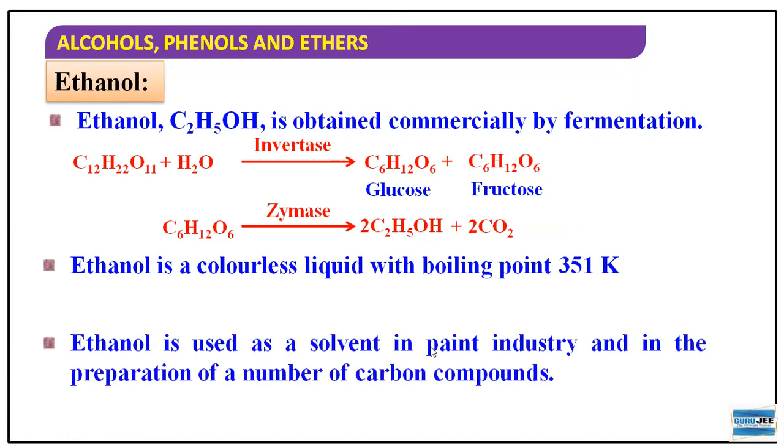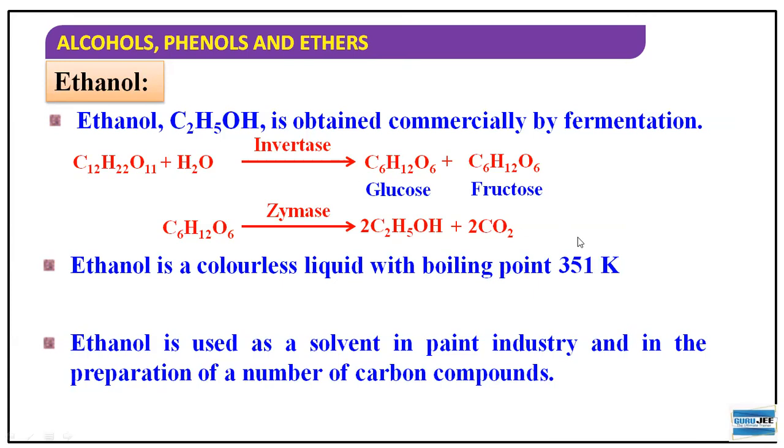See, both glucose and fructose undergo this reaction, that is my best guess. The structure of glucose and fructose is different, but the way it is getting reduced is, I think, the same.